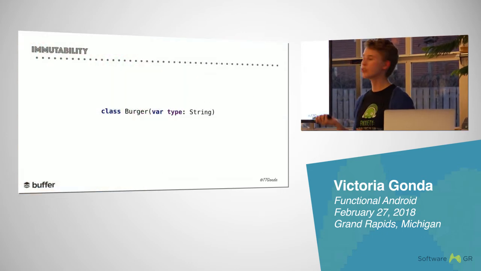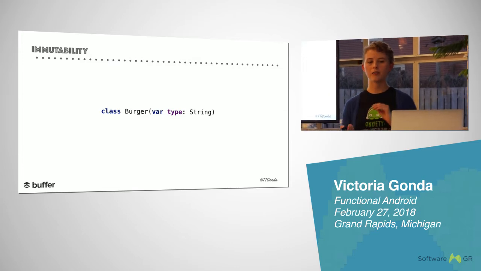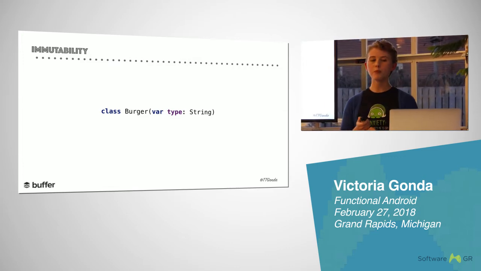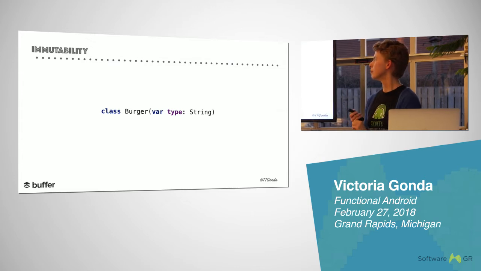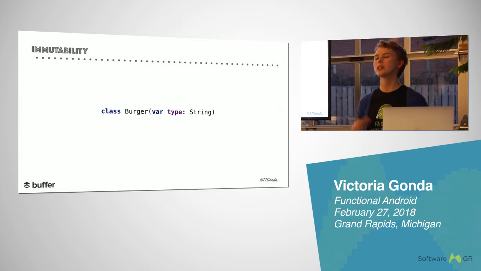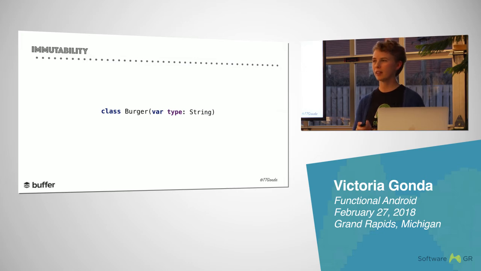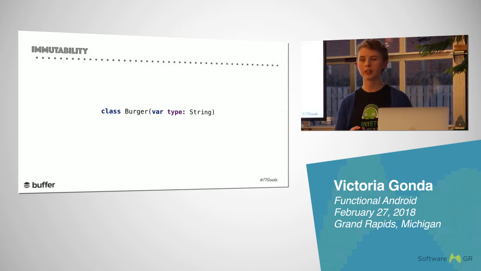OK, so here's our burger. It's a class Burger, and then one property, type. So that's where we'll say what type of burger it is. It's a String, as it says String, and then we're using a var. If you're not familiar with Kotlin, this makes this a mutable property.